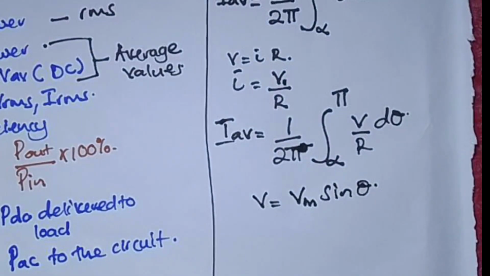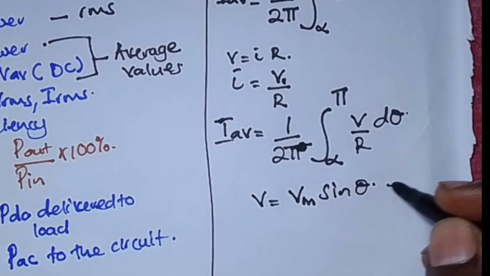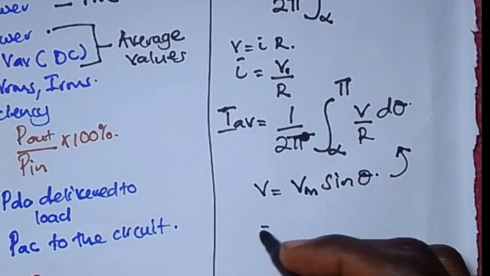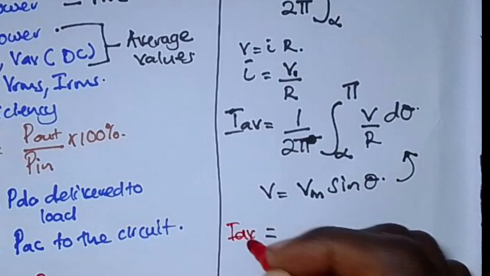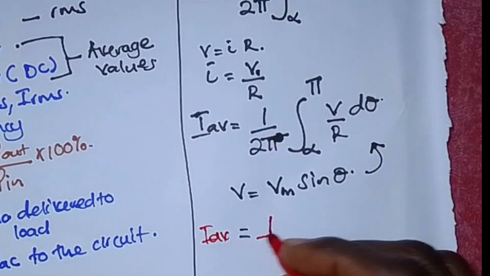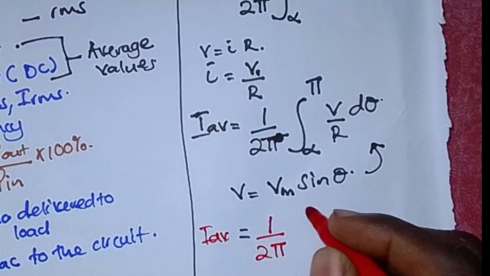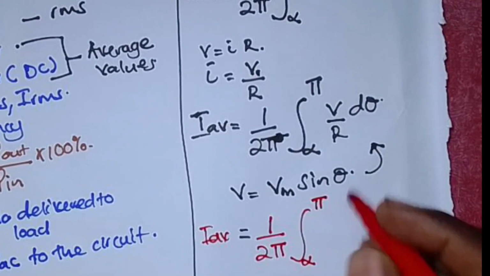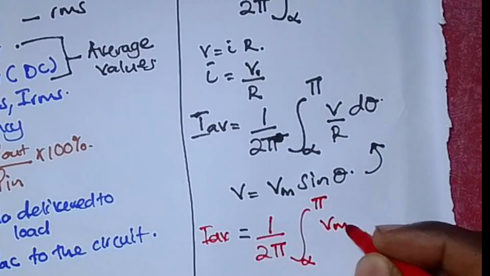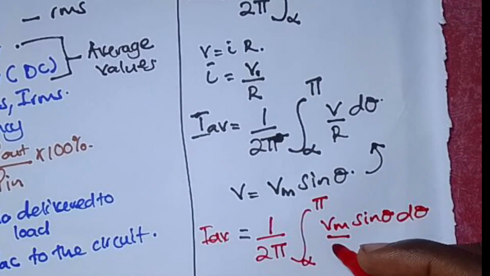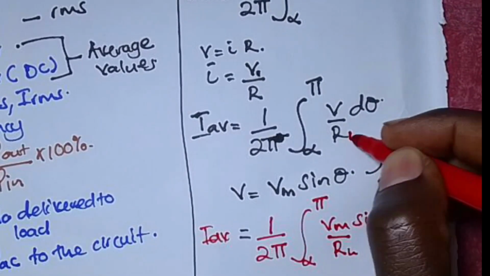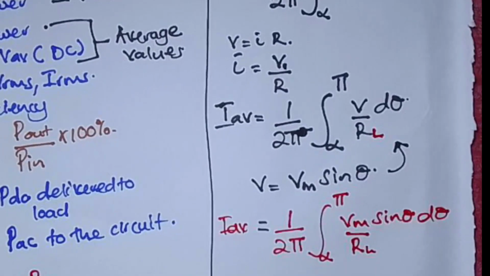This is just from the expression of any sine wave. So we substitute this into that equation, and we shall have our I average being equal to 1 over 2 pi integral from alpha to pi of Vm sine theta with respect to theta over RL, which was this R here. Are we together there?